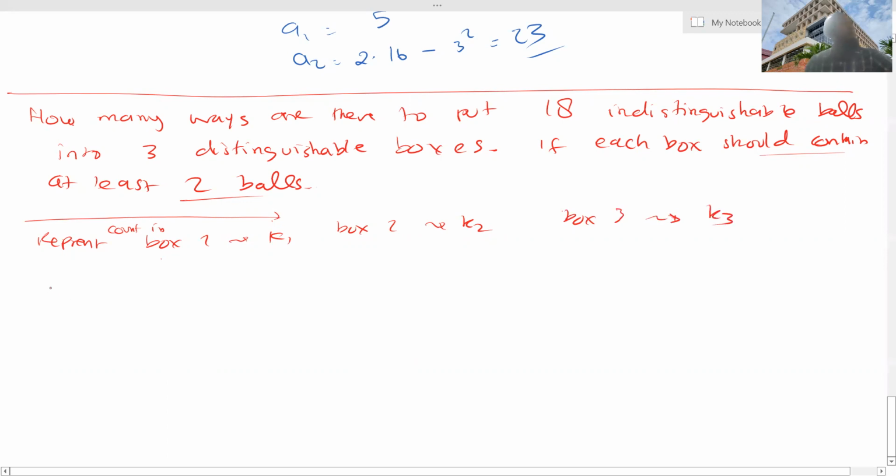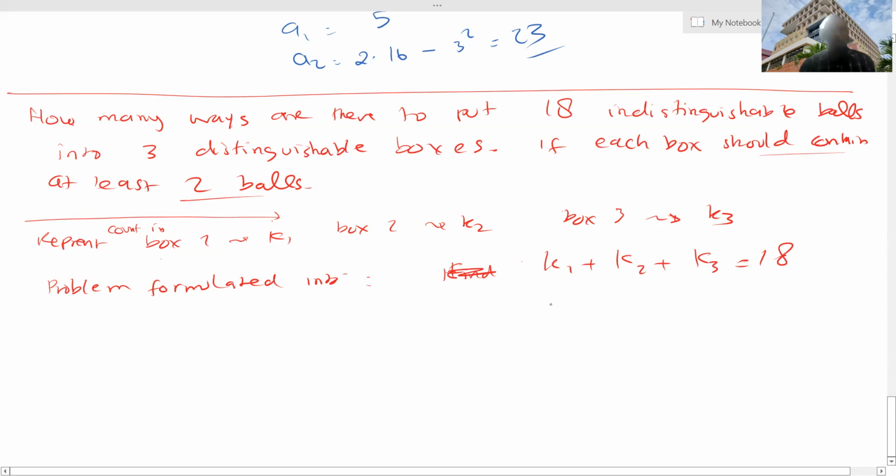So the problem can be formulated as: find K1 plus K2 plus K3 must be 18, and also K1 is greater than or equal to 2, K2 is greater than or equal to 2, K3 is greater than or equal to 2, because each box should contain at least 2 balls.